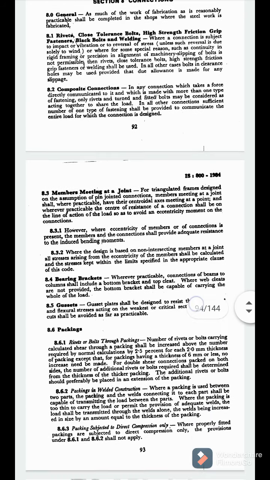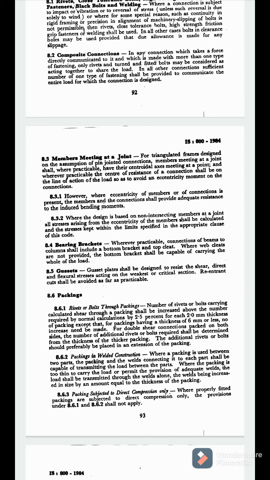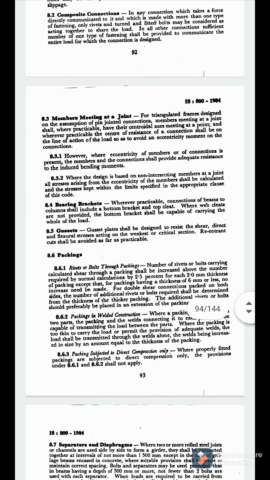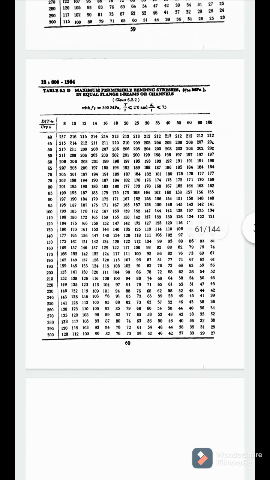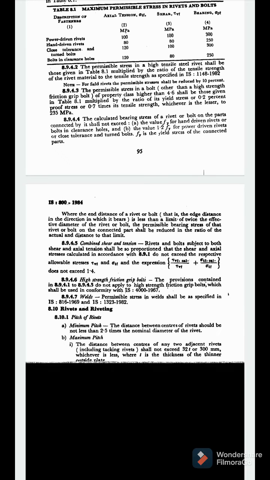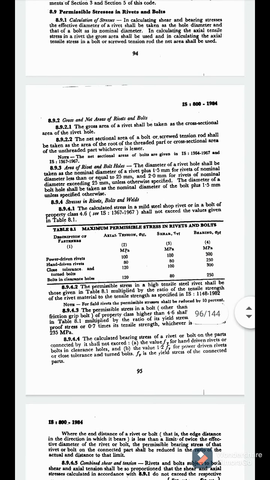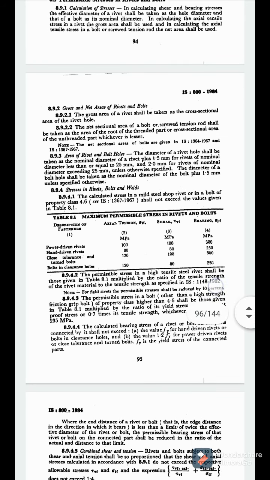So let's start here again. First let's see the permissible stresses in rivet, bolt and weld.